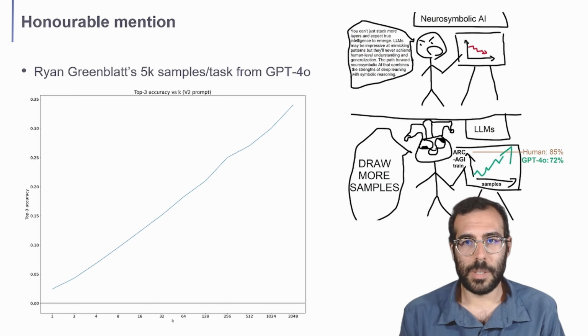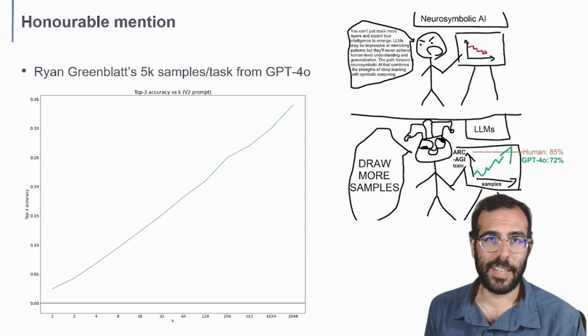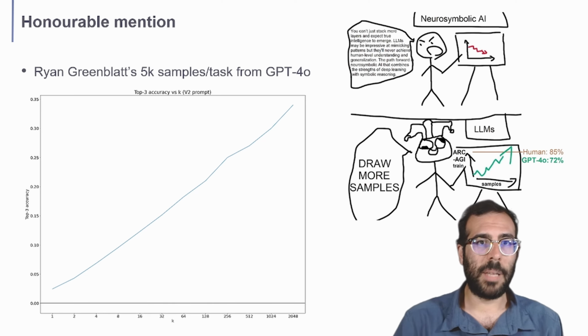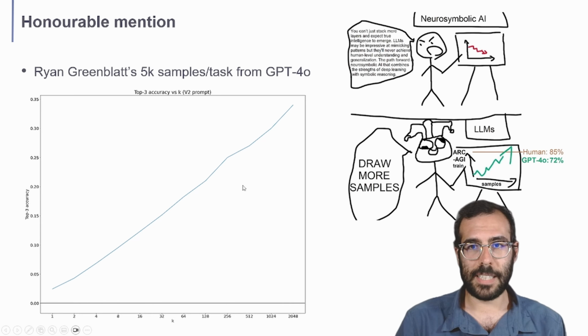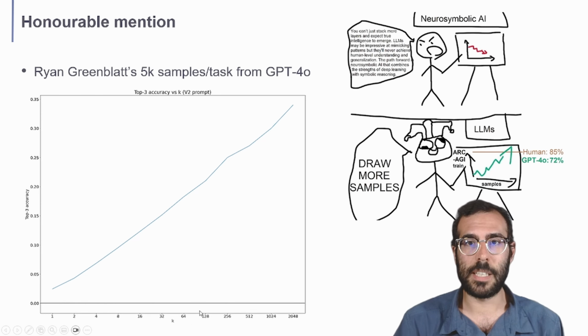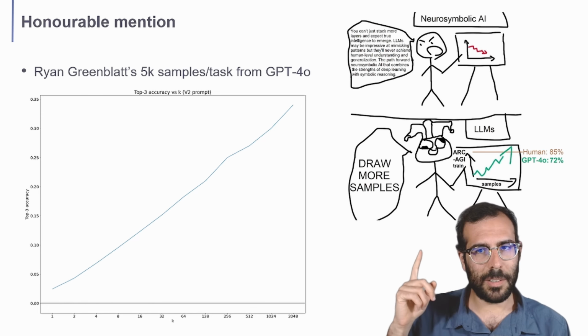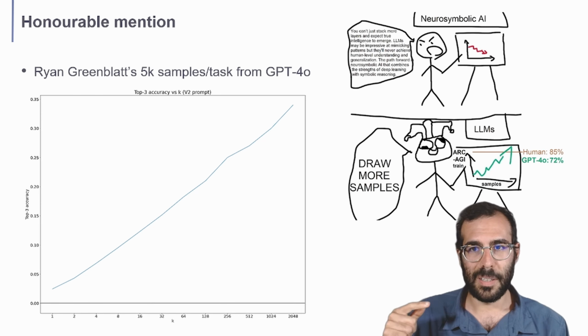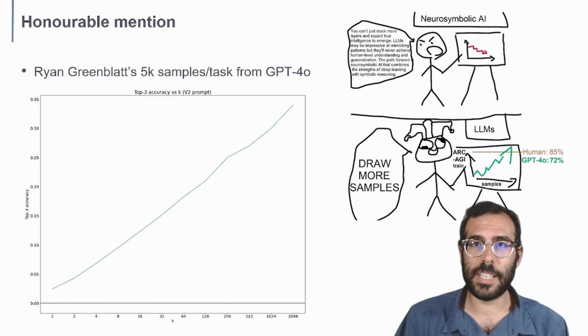What GPT-4o is actually generating is Python programs, essentially, and Greenblatt finds a very clear scaling law: it's a linear increase in accuracy given the logarithm of the number of samples that you can take from the model. I think he's also the author of this meme that appears on the page, which I've seen loads on Blue Sky, and which is kind of comparing the ethos of approaches to the ARC challenge.